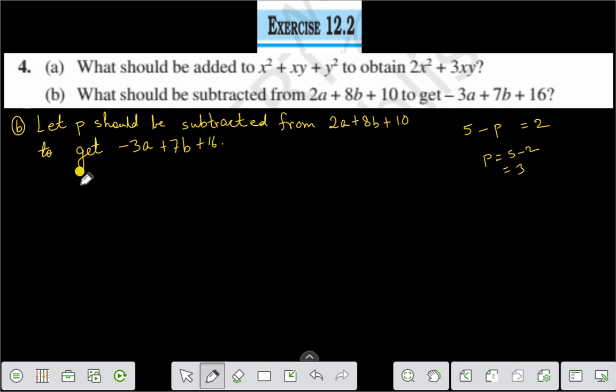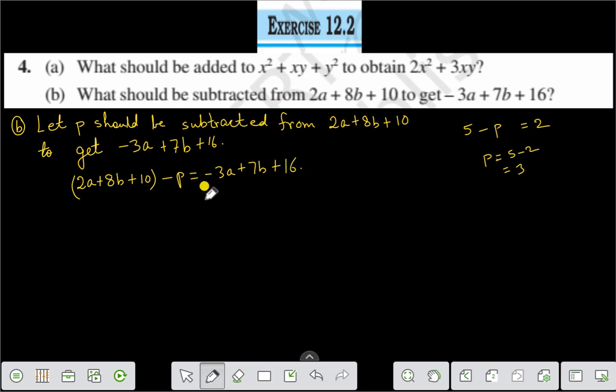Therefore, according to the question, 2a plus 8b plus 10 minus p is equal to minus 3a plus 7b plus 16. Right?